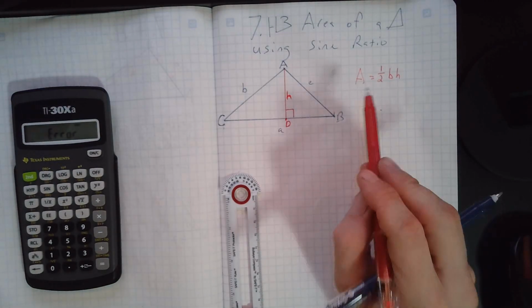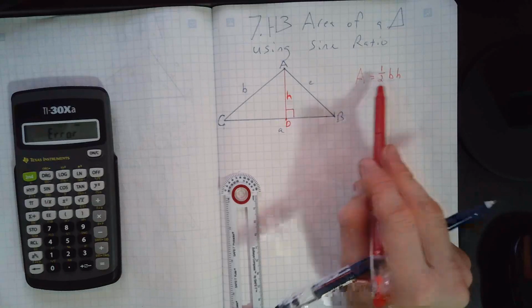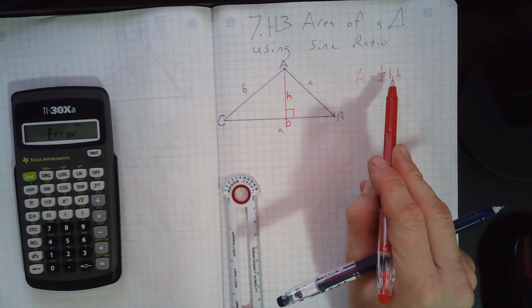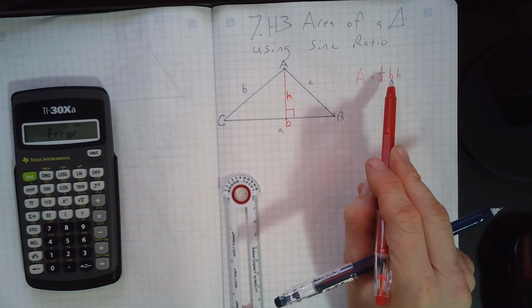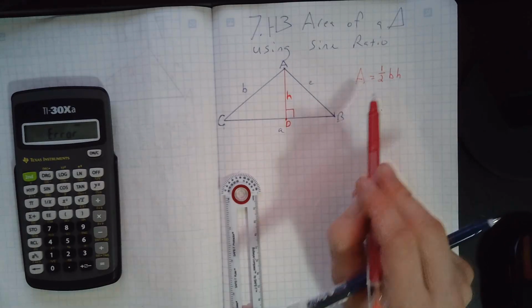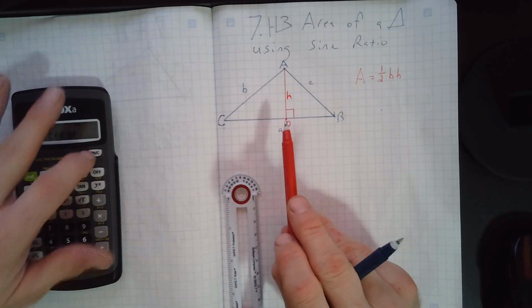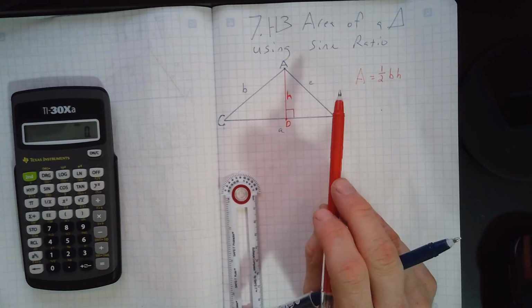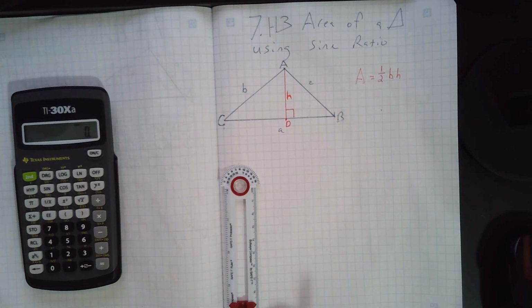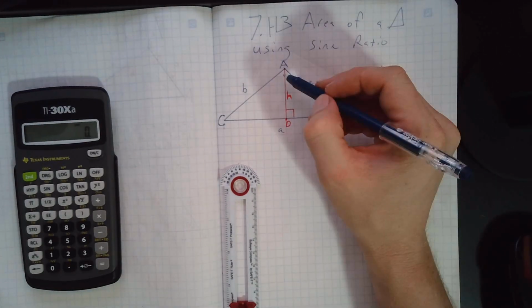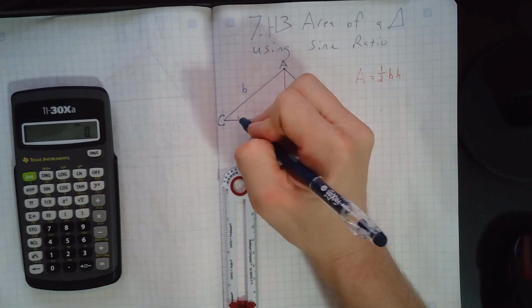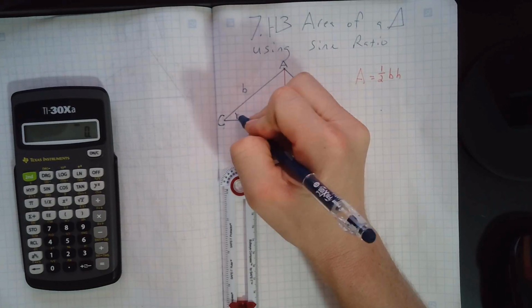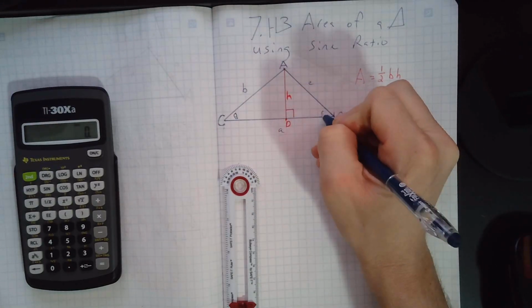All right, so we're going to substitute some of these terms with terms in the sine. We already split the triangle, so we're not going to use angle A, but we're going to use C as theta and B as theta.